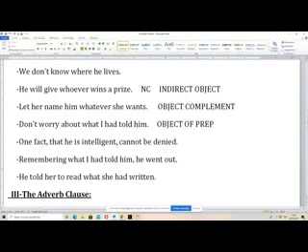Teacher, it's a subject complement. Subject complement? No, subject complements follow a linking verb, like seem, like is, etc. You find them with intensive verbs. Intensive verbs take a subject complement.